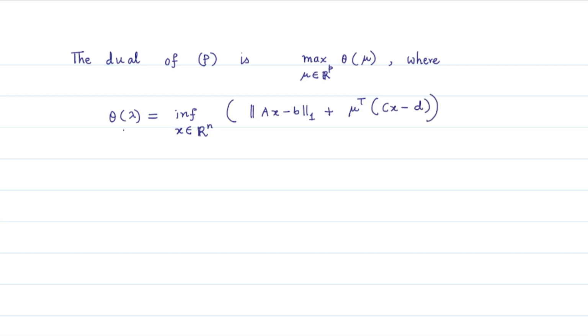But to find the value of theta for a given mu, this minimization can be recast as a linear programming problem. So just to find a value of theta for a given mu, we need to solve a linear programming problem. And for this objective function theta, there is no explicit expression.